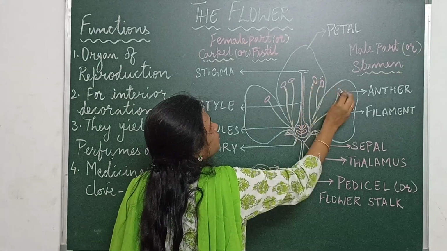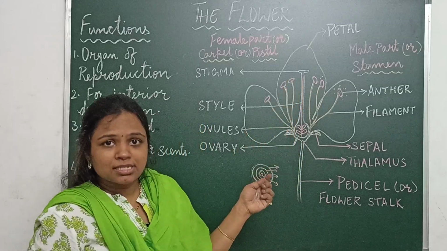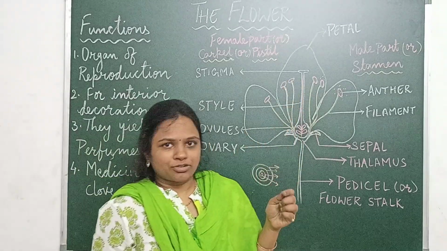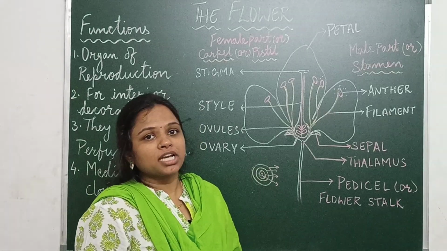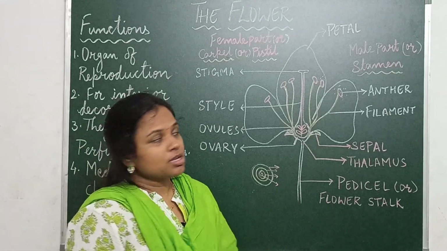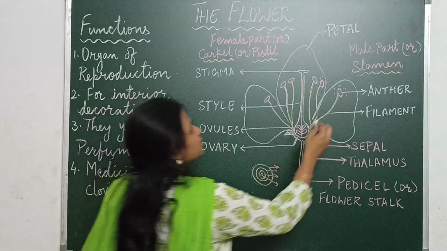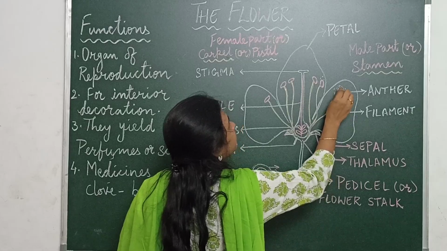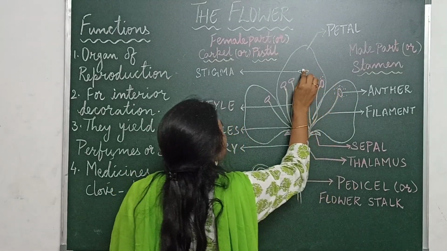Due to the colorful nature of the petals, the insects get attracted. Not only insects, children, we human beings also sometimes help in this process, and other animals too. Now the pollen grains which are present over here get transferred to the stigma.